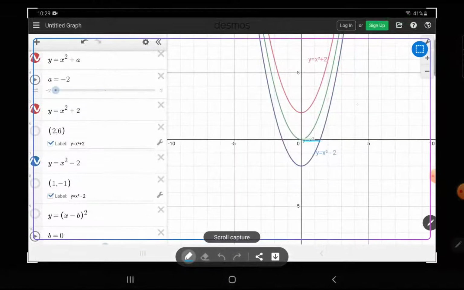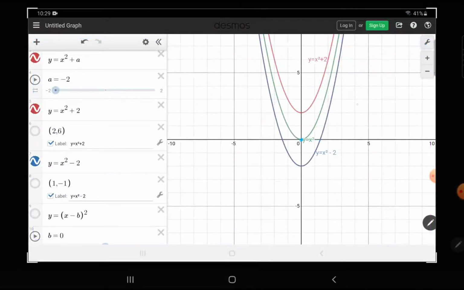You'll see that each of the points on the parent function, y equals x squared, at (0, 0), (1, 1), and let's say (-1, 1), as we go to x squared plus 2, each of those points gets raised 2 units. Basically, every single point on the parent function gets raised by 2 units, and that's shown in our equation y equals x squared plus 2.